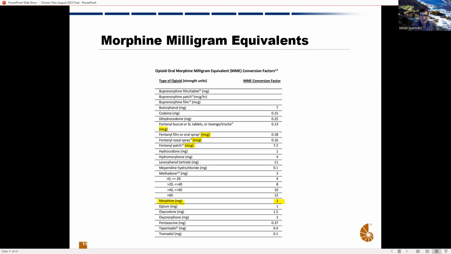So super tiny doses of fentanyl equal 1 milligram of morphine. To compare other drugs, if you look below the morphine, say oxycodone, which is 2 lines below, that has 1.5. So 1.5 milligrams of oxycodone equals 1 milligram of morphine. So it gives you a relative idea of how powerful the drugs are compared to morphine.